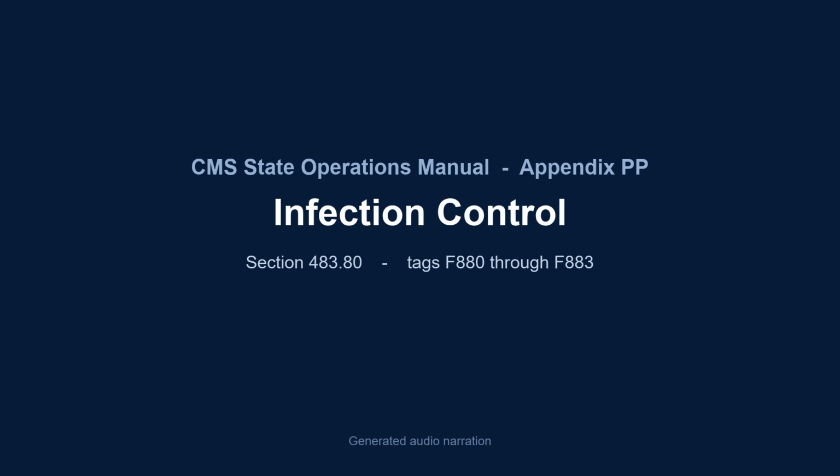An example of Level 2, no actual harm with potential for more than minimal harm that is not immediate jeopardy includes, but is not limited to, the facility failed to ensure the IP was performing the duties of the position and was qualified to perform the role. The IP did not ensure the facility had an antibiotic stewardship program. Based on record review, the facility could not provide documentation for an antibiotic stewardship program.